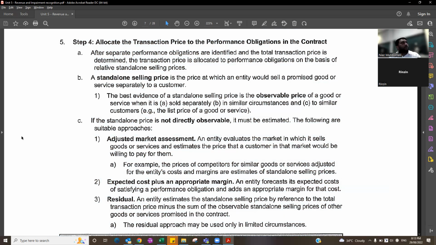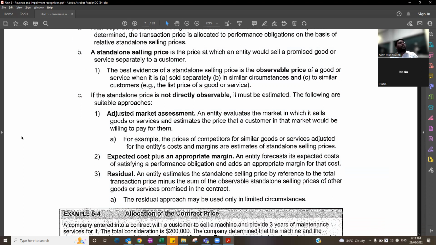The following are the suitable approaches. That is adjusted market assessment. An entity evaluates the market in which it sells goods or services and estimates the price that a customer in that market would be willing to pay for them. For example, the price of competitors for similar goods and services, adjusted for the entity's costs and margins. For example, I am always selling my laptop with a power bank, so I don't know the separate selling price for the laptop or power bank.